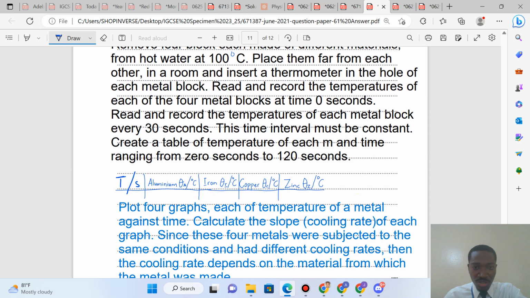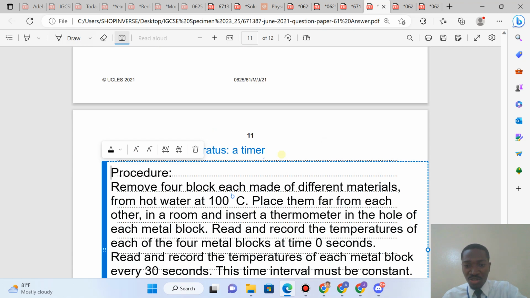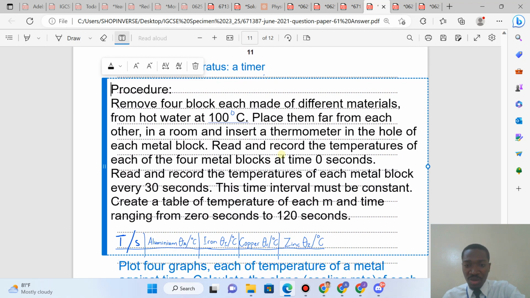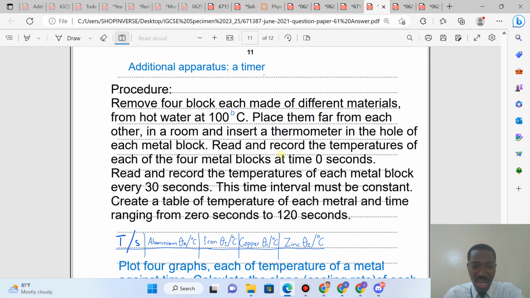So, what else do we have here? Create a table of temperature of each metal, okay, and time ranging from 0 seconds to 120 seconds.